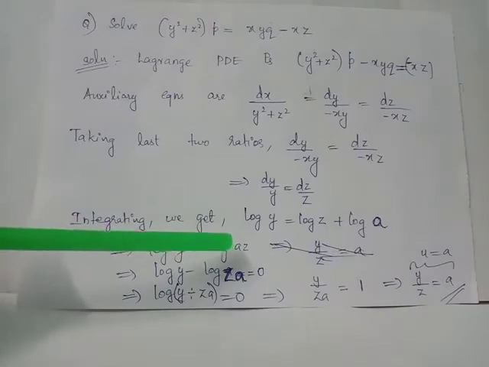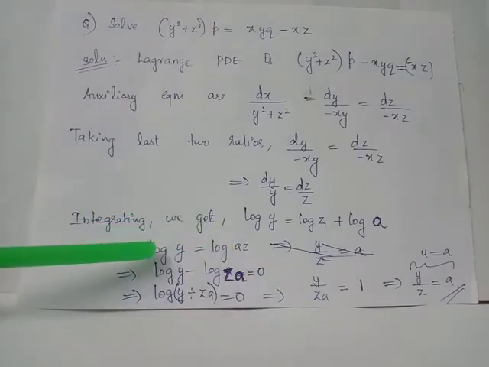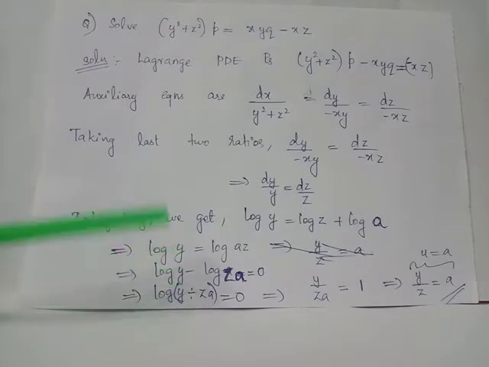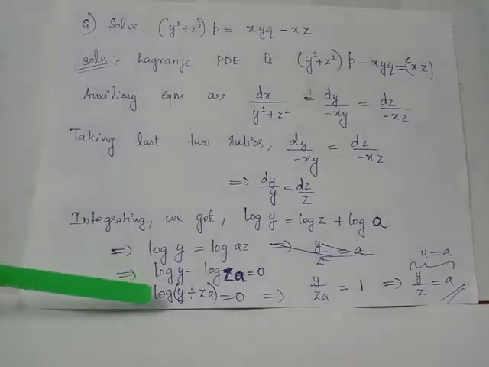Now when we bring log az to the LHS, we have log y minus log za equals 0. We have log a minus log b equals log a by b. Therefore log y minus log za equals log of y by za, and the RHS is 0 itself. When you take the exponential function on both sides, that is e raised to log y by za equals e raised to 0, since the exponential function and logarithmic function are inverse functions, e raised to log y by za becomes y by za itself, and e raised to 0 equals 1.